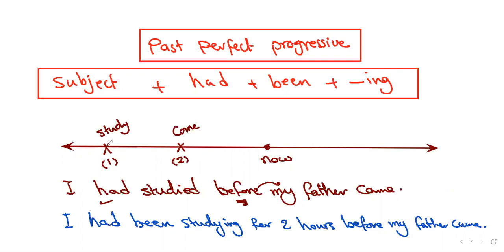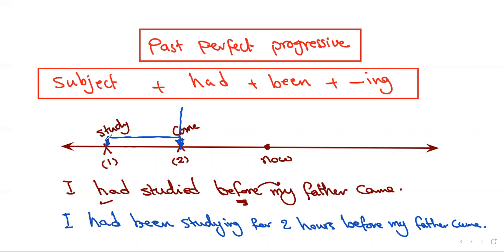So it will be like this. This is the second action, which is my father came. And of course, it's in the past simple, as you can see in the first example and in the second example too. And in this example, I had been studying for 2 hours before my father came.